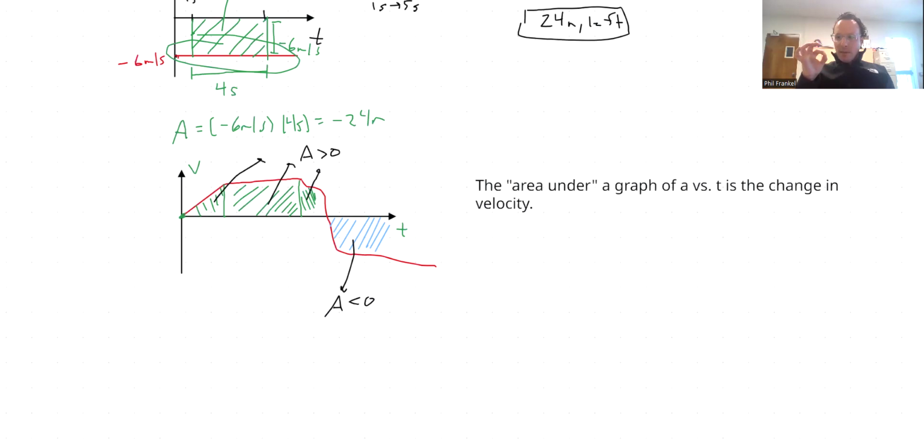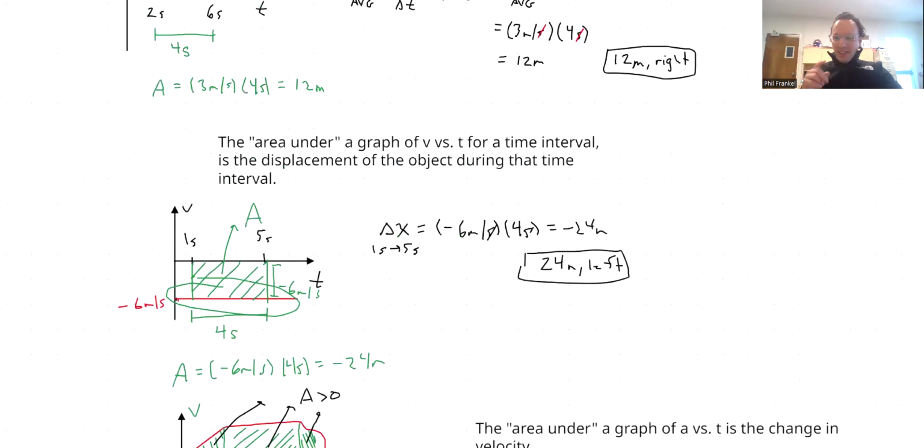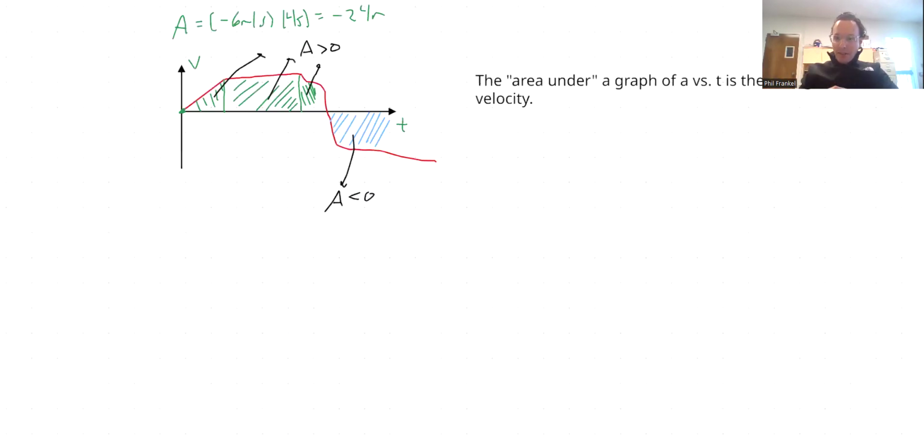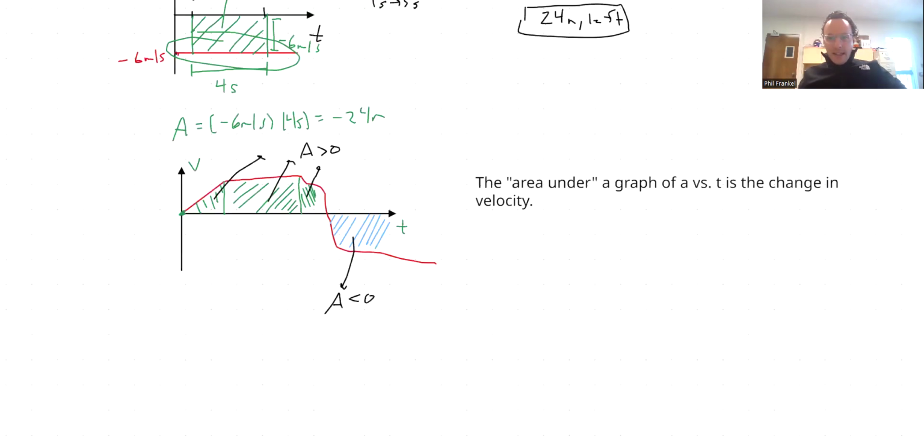Velocity is the rate at which position changes. Acceleration is the rate at which velocity changes. And so it must be true that however the position and velocity graphs are related, namely the area under the velocity versus time graph is the change in position, the area under an acceleration versus time graph must give you the change in velocity. Let me just write that down here.